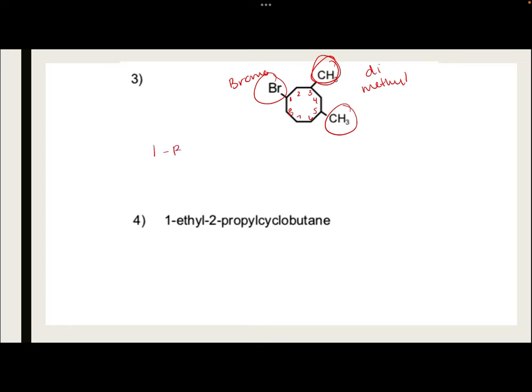So now we're going to name it. Bromo's on 1, so 1-bromo, and then our methyl is on 3 and 5, and it's a dimethyl because we know it's 2. And then once again, cyclo. But remember, because it's cyclooctane, we're only going to write the one O, and then add octane.